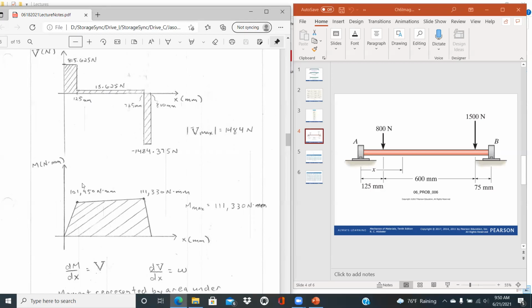When you multiply those two numbers and add it to 101,950, you get 111,300. And then when you multiply these two values, minus 1484.375 times that 75 millimeters, that's going to drop you back down to 0.